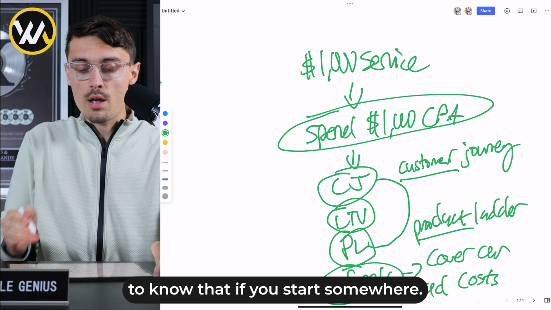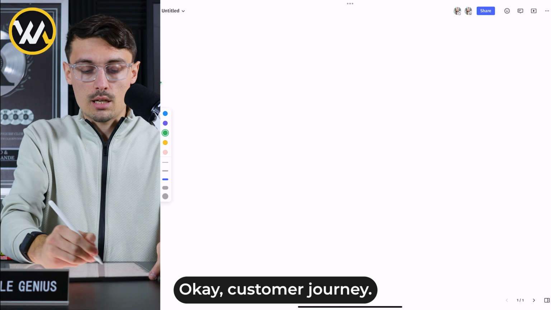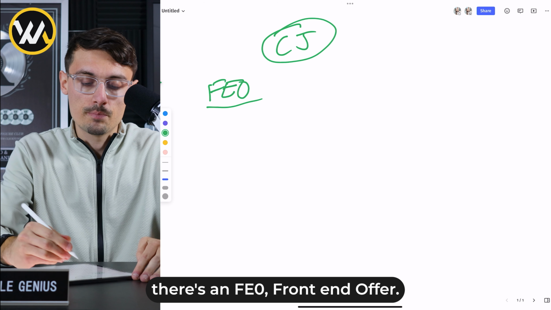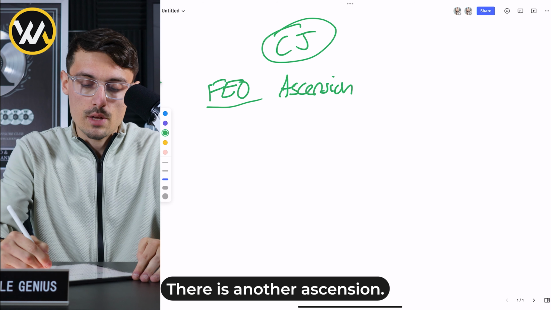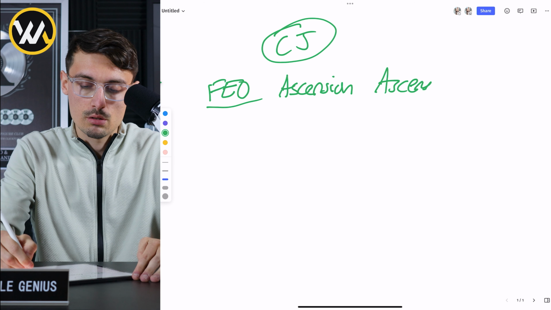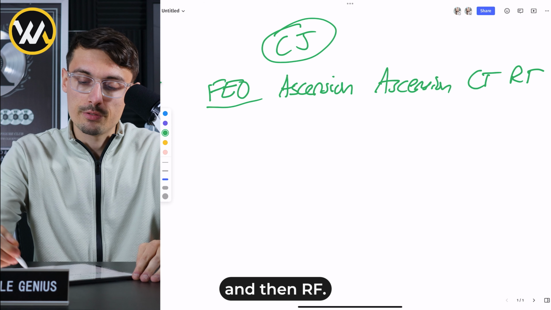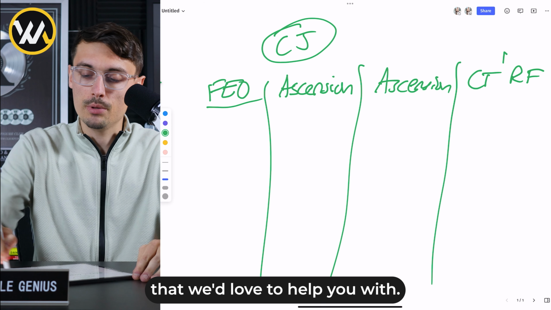Customer journey is to know that if you start somewhere, which I'll break down right now, okay, customer journey, there's an FEO, front end offer. There is an ascension. There is another ascension. There is CT and then RF. And this is what you need to map out inside of your business that we'd love to help you with.